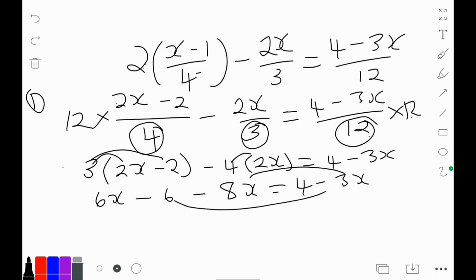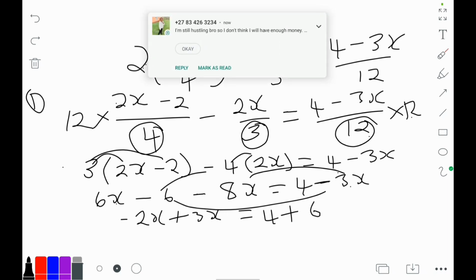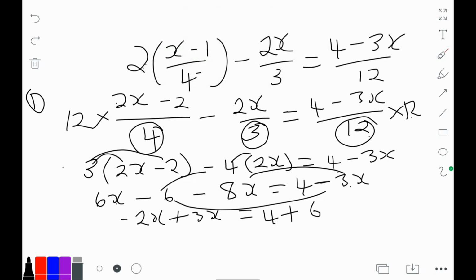Then I take minus 3x to the other side and it changes the sign, so minus 2x plus 3x equals 4, and taking minus 6 to the other side it becomes plus 6. Minus 2x plus 3x equals x, which equals 10.